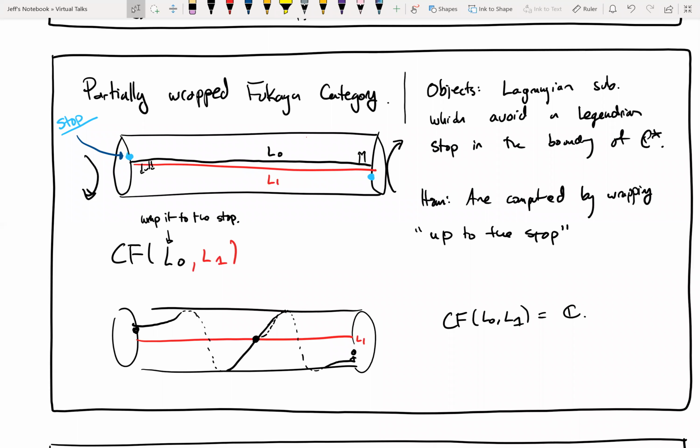What if I do it the other way around? Yes, so that direction is specified to you by the structure of the Liouville domain. That's going to be the direction of the Reeb flow.